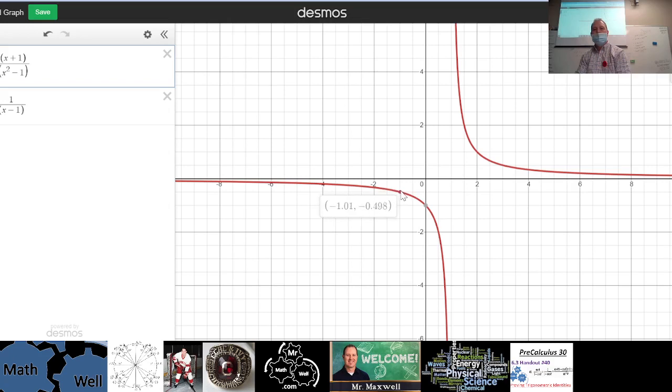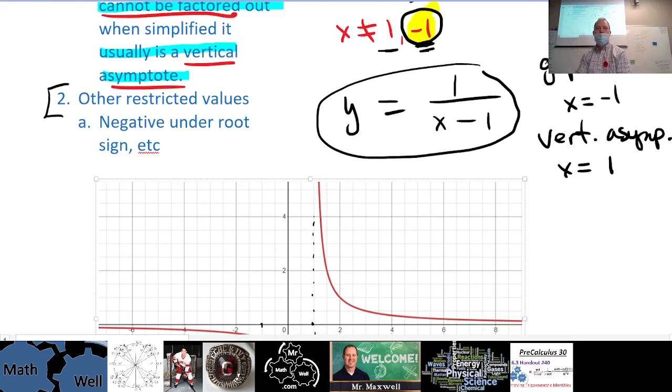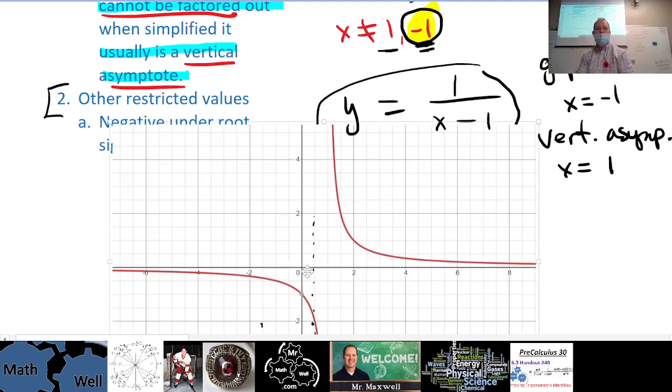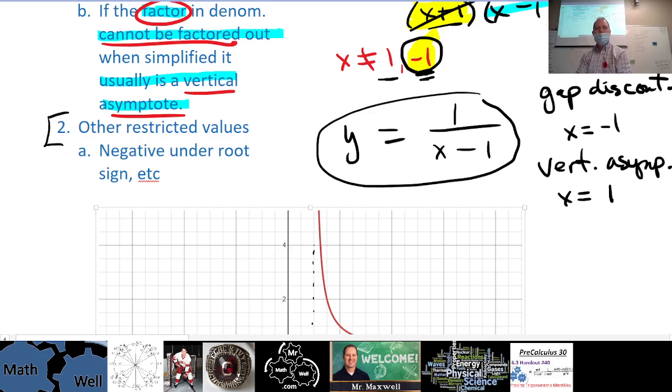Would -1 be a restriction? For this graph, -1 is not a restriction. 1 certainly is, because it's still here. But -1 for this graph is not a restriction. That's 1 over -2. That's fine. That's -1/2. And that's what we see in our graph. Okay?